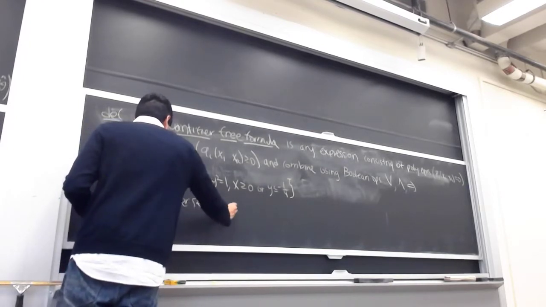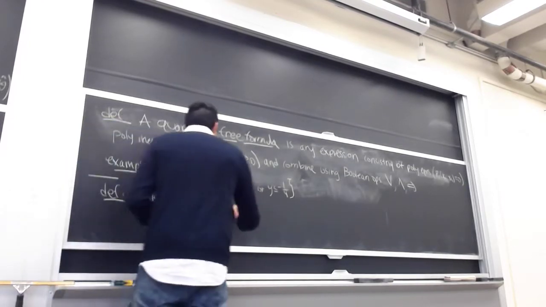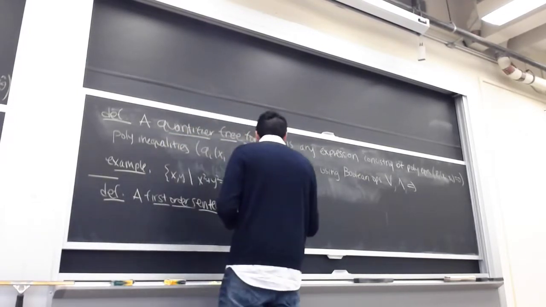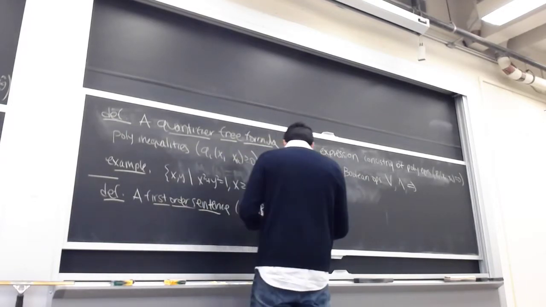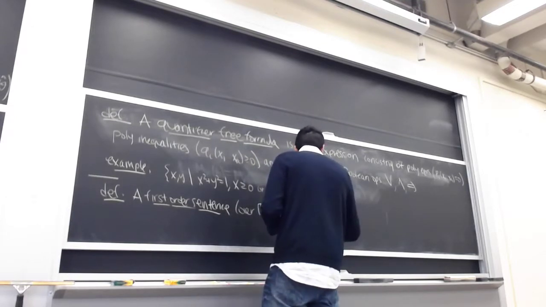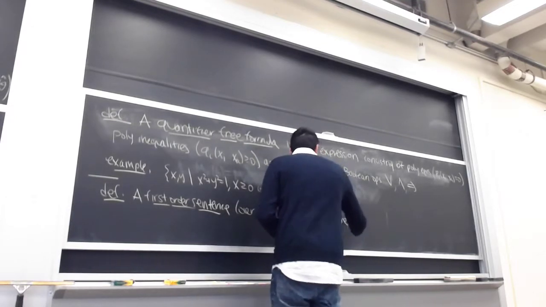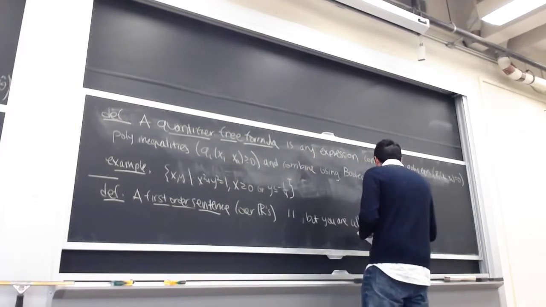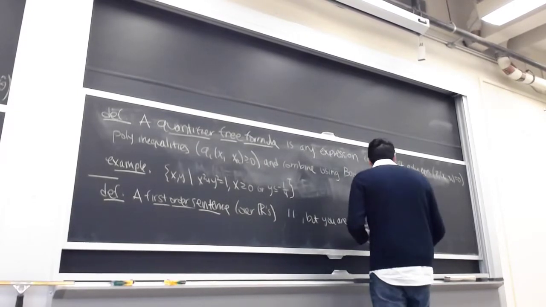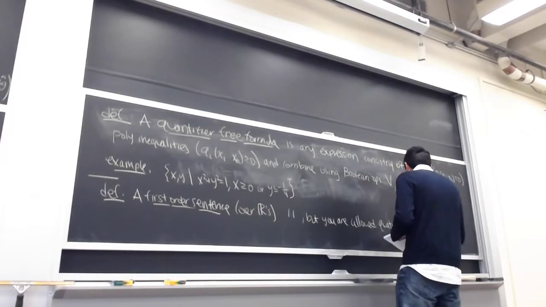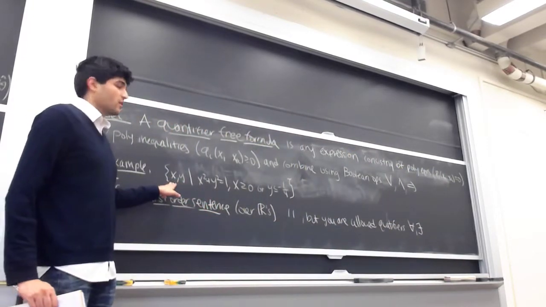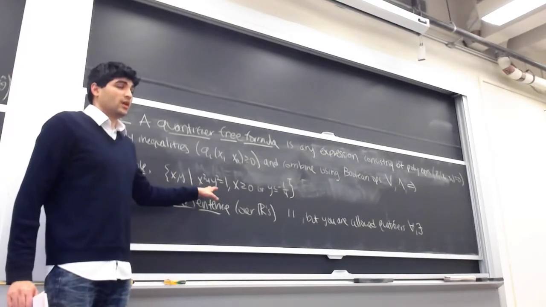So it's oftentimes called a first order sentence, let's say over the reals. It's the same as above, but you are allowed quantifiers like for all or there exists. So you can think about if instead I wanted to define a set, I could think about the projection of this instead.